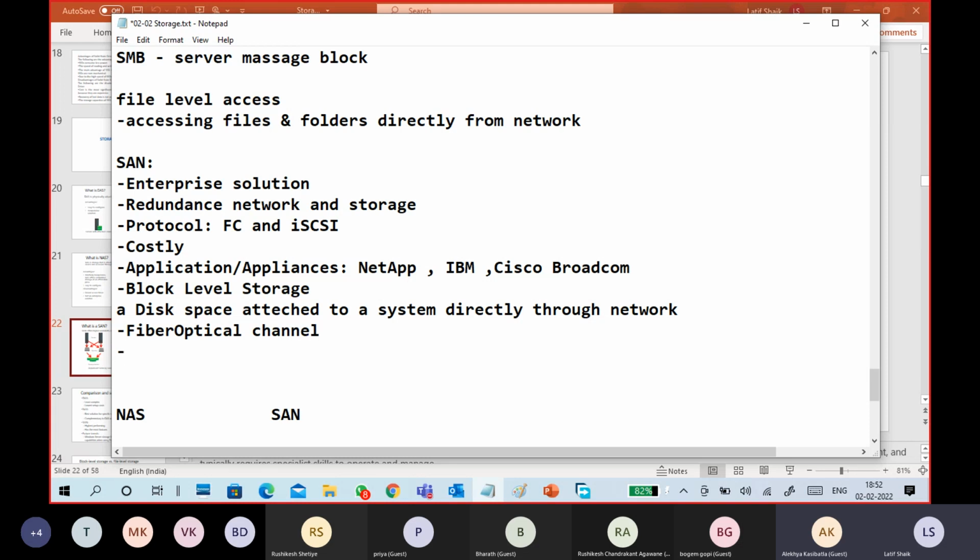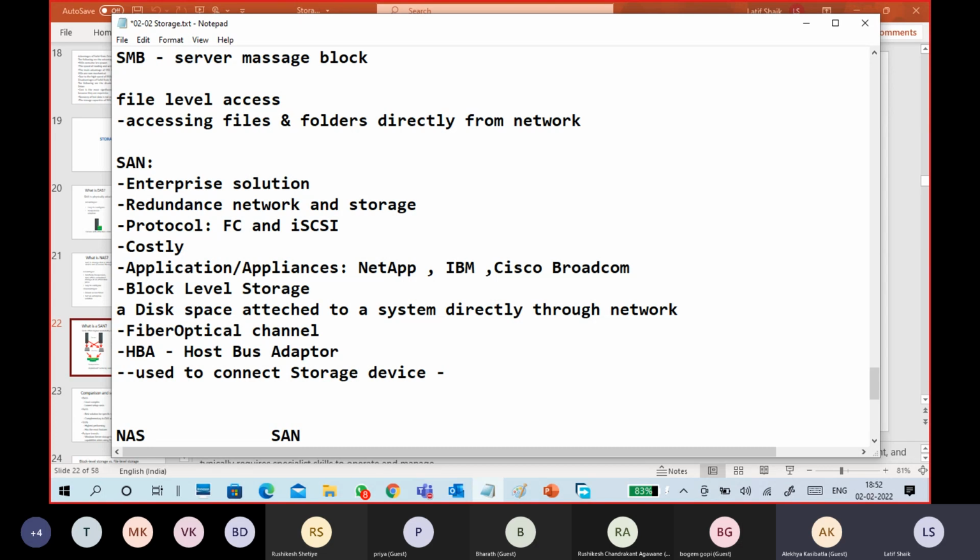Guys, anyway, we are here, so I will give you one small thing: the host bus adapter, HBA. We use it to connect storage devices.